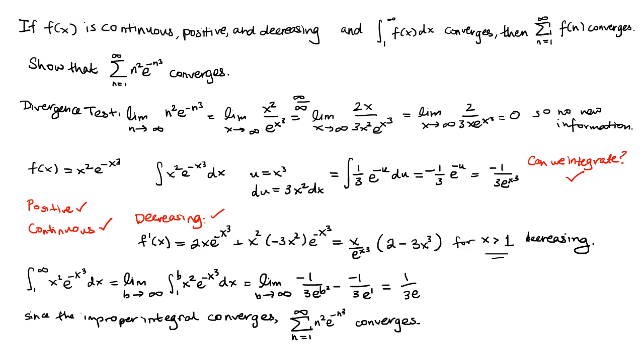And we know that its value is going to be less than 1/3e, right? Because this was an upper bound. Great.